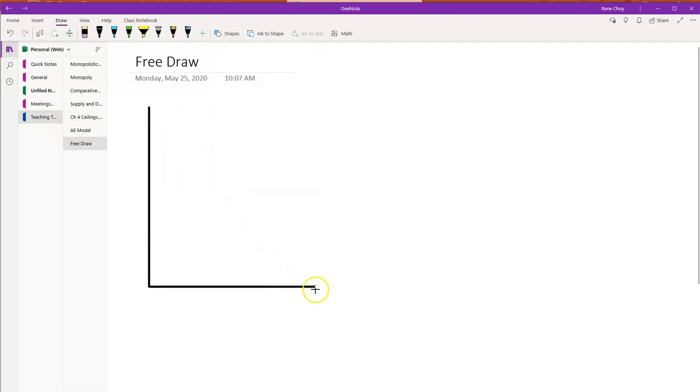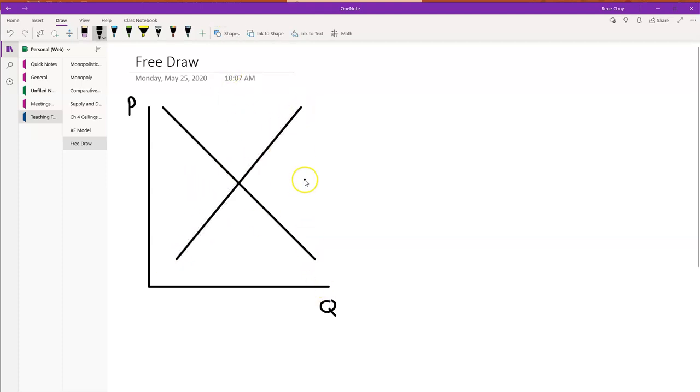So when we were covering our supply and demand model, normally when a professor is drawing it for you, you get these sort of straight lines that look like that.